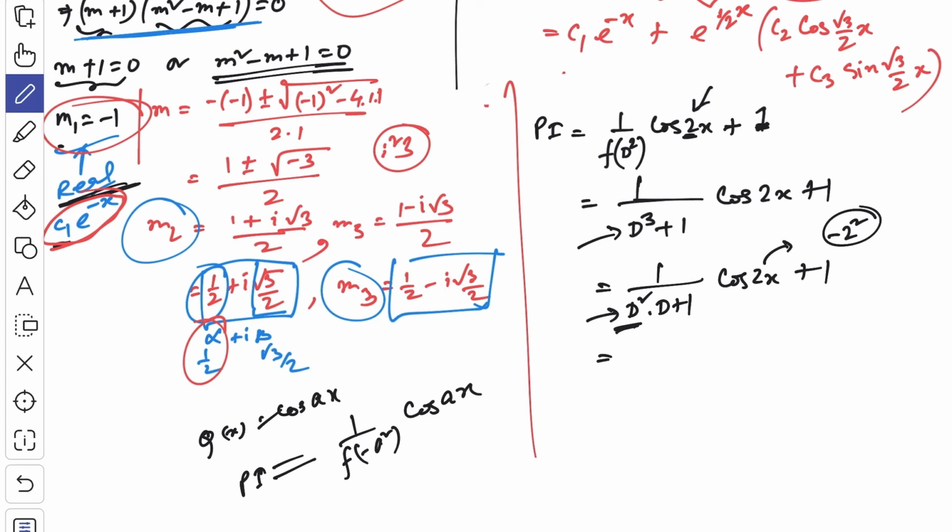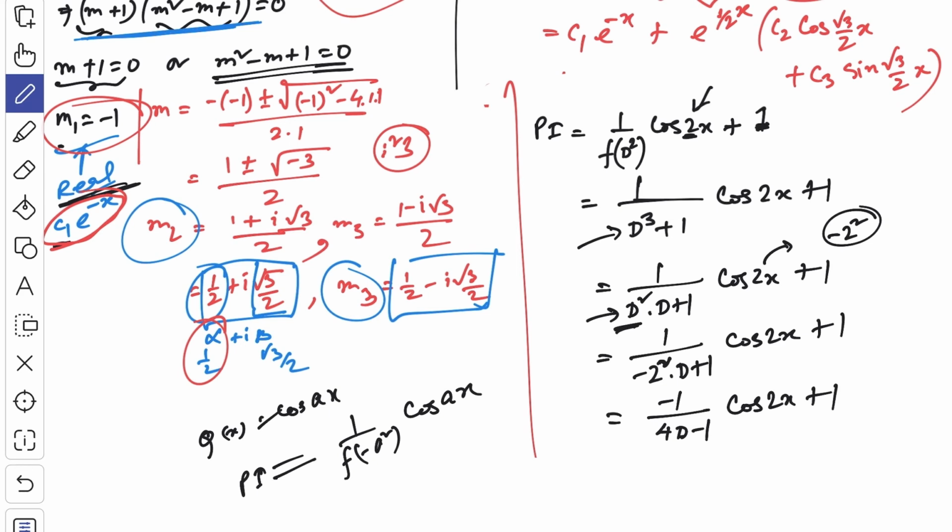So here this d square will be replaced by minus 2, so 1 by minus 2 square, not minus 2 only, minus 2 square into d plus 1, cos twice x plus 1, and that's going to give you minus 1 by 4d minus 1. That's what you will get, cos twice x plus 1.